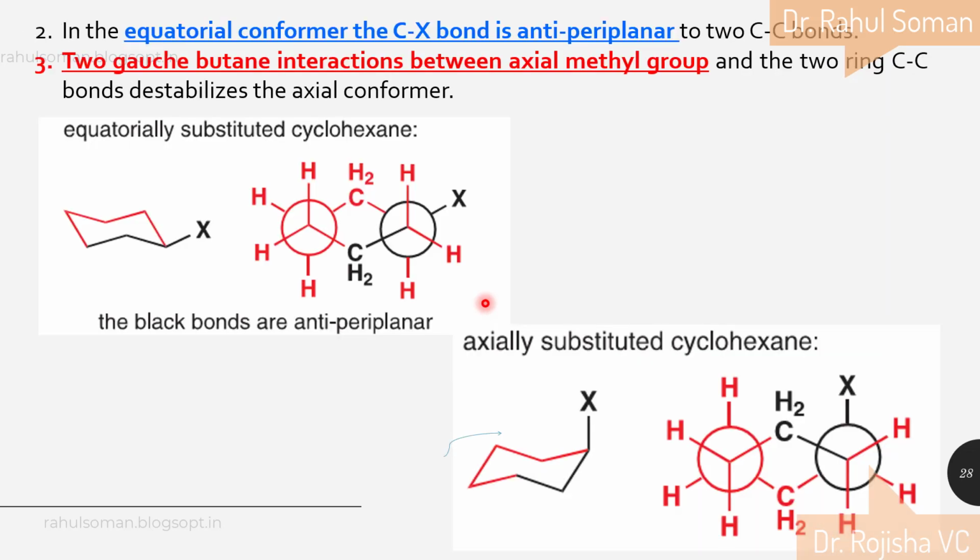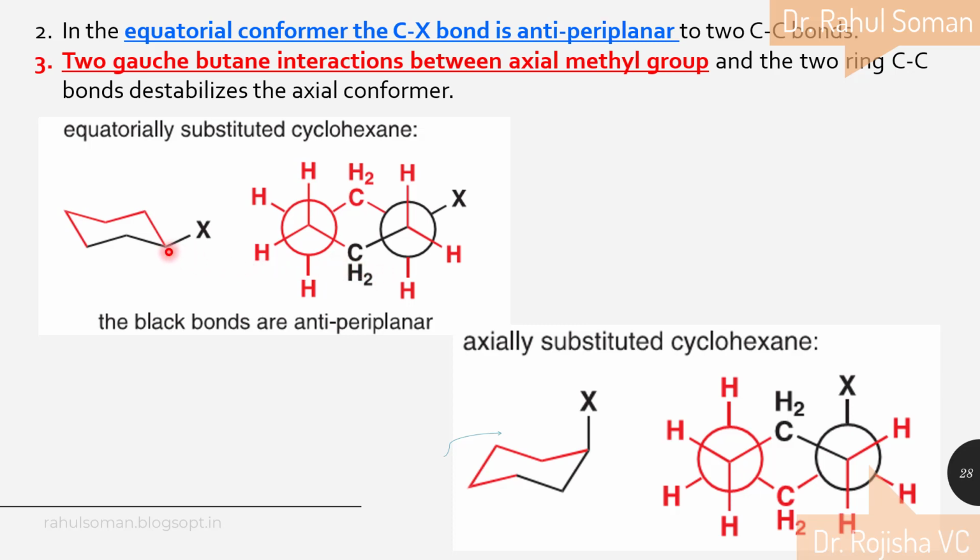And that is not the only reason. There are some other factors also to support the existence of equatorial substitution. Actually, you have to understand, we have already told that this conformation will always be in gauche conformation in the case of this chair form.